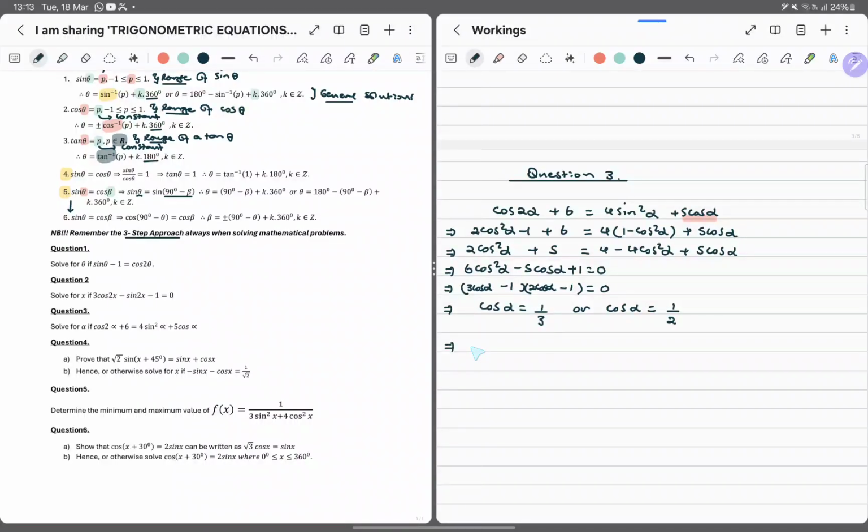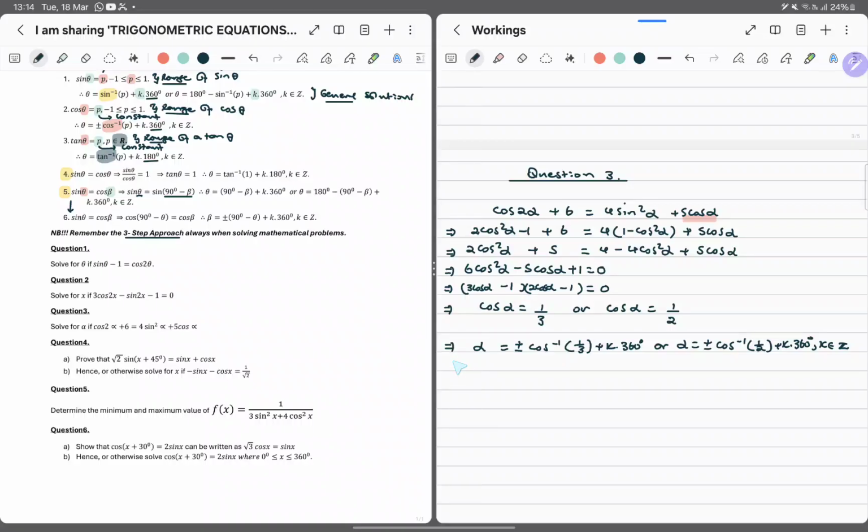From here, we're going to say this means alpha is equal to plus or minus the arc cos of a third plus k times 360 degrees, or alpha is going to be plus minus the arc cos of a half plus k 360 degrees, where k is an element of integers.